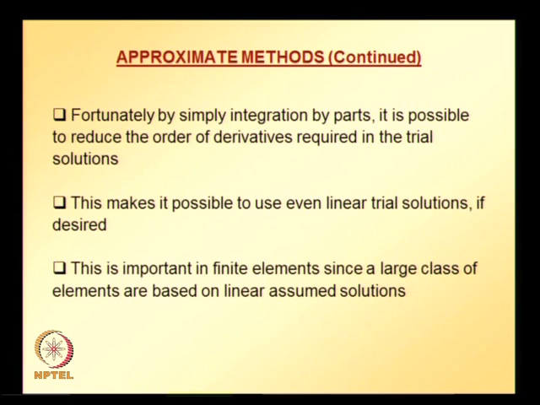And this is very important in finite elements, since a large class of elements are based on linear assumed solutions. This point will be clearer for you at later stages of this course. So now let us look at how to proceed.